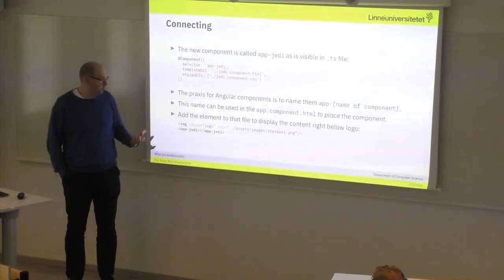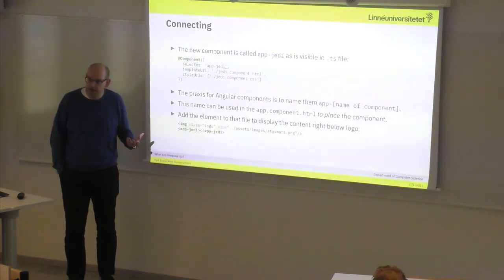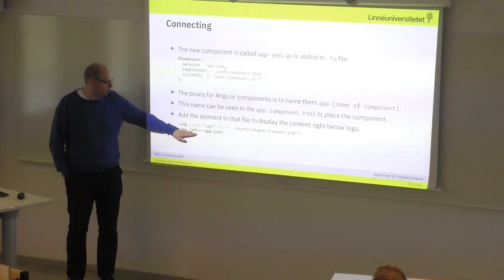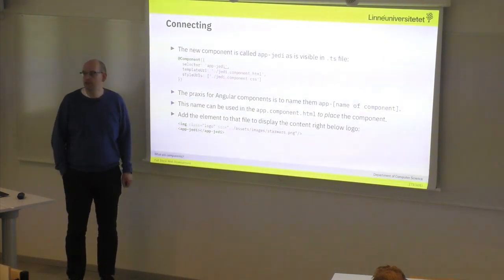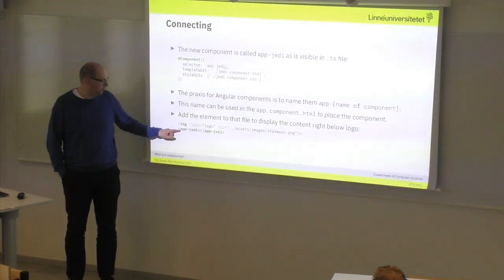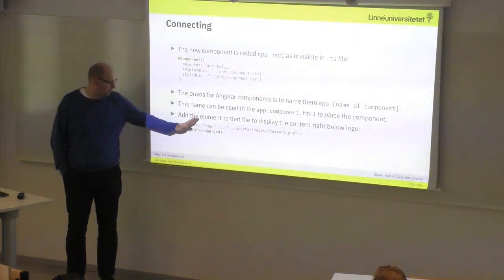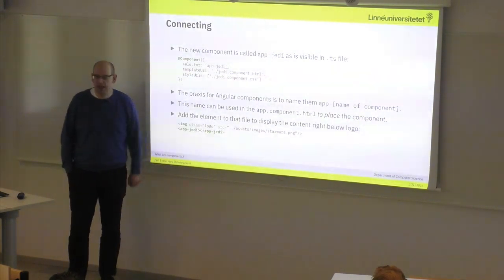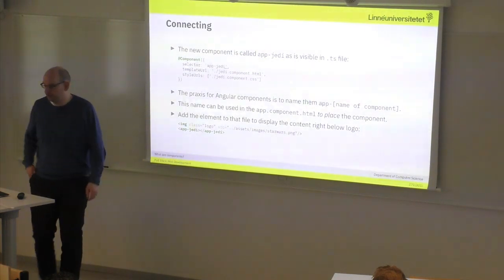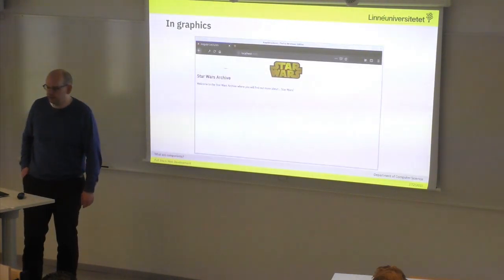Notice that we need, for some reason, and I actually don't know why, to have a starting and an end tag for this. It's not enough to say app-jedi/. We need a starting and an end tag. But if we do this, we get something like this.